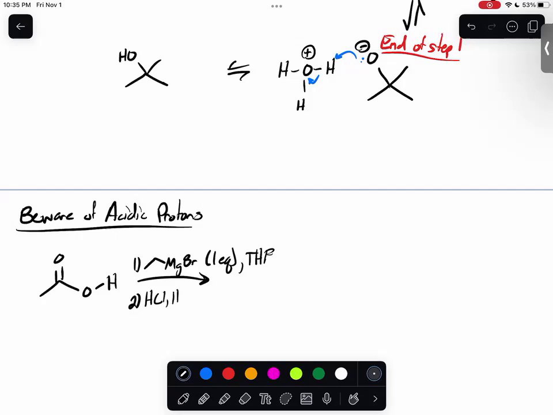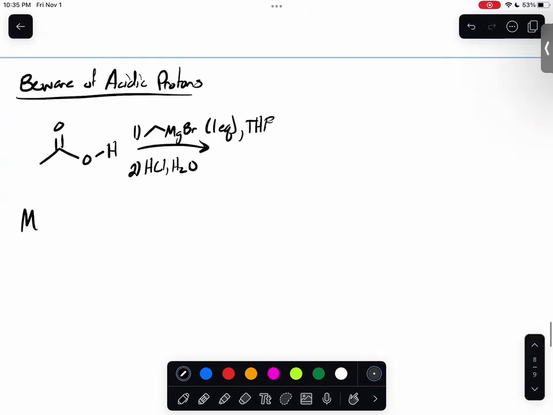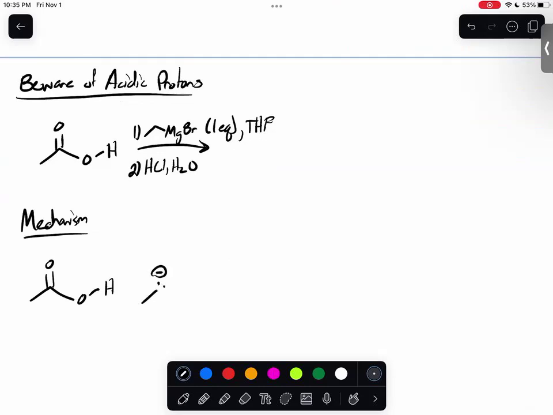What would happen? Well, essentially, we have a very acidic proton and we have a very good base. And that leads to, of course, acid-base reactions happening. Because remember, acid-base reactions are some of the fastest reactions that can actually occur. So if it can occur favorably, it will.